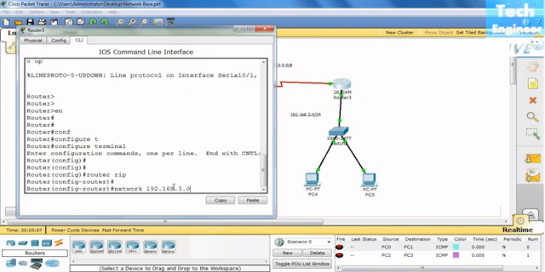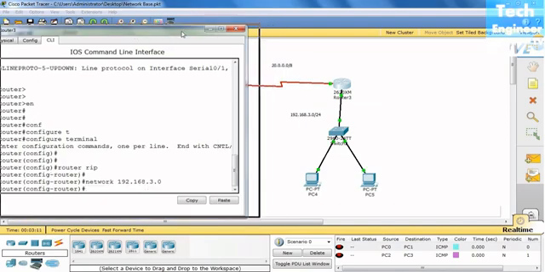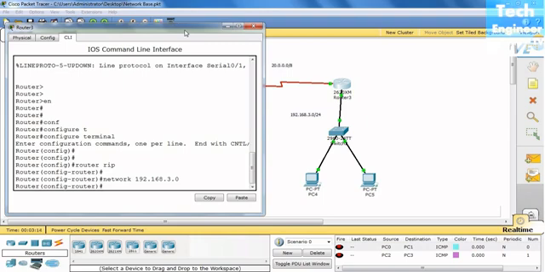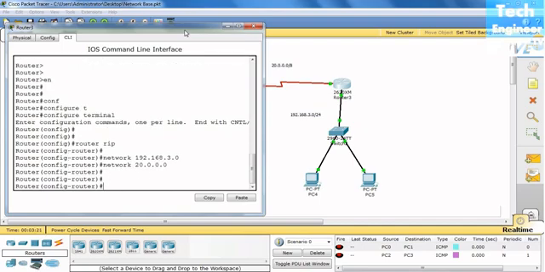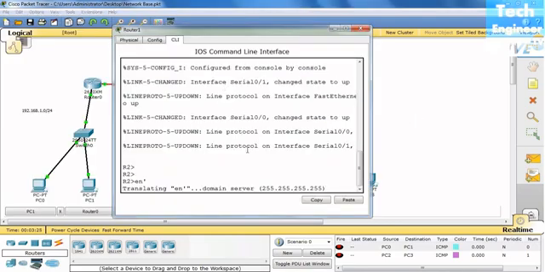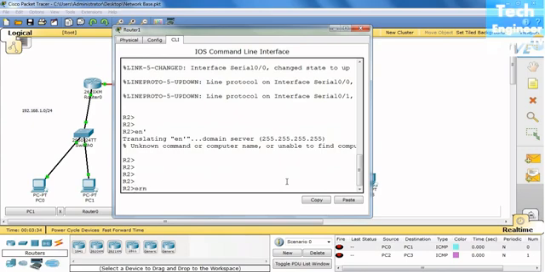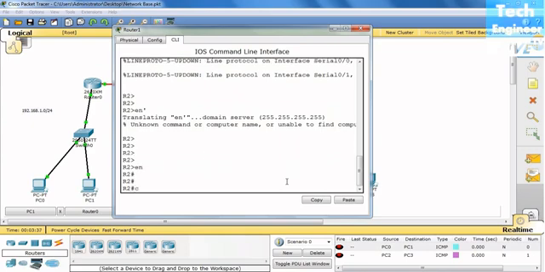So 192.168.3.0 for the fast Ethernet, and the serial port is network 20.0. Okay, all done. Now in this router, it's still translating since it's just exchanging data. It tries to find out where this error is, so it tries to find it on the domain server.